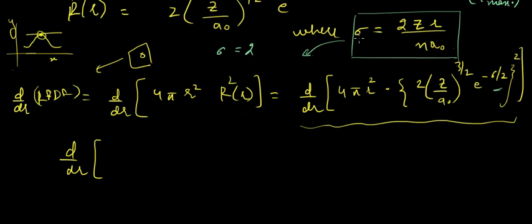So sigma would be 2 multiplied with z, which is 1, r upon n, which is again 1, a naught. So the value would be 2r upon a naught.